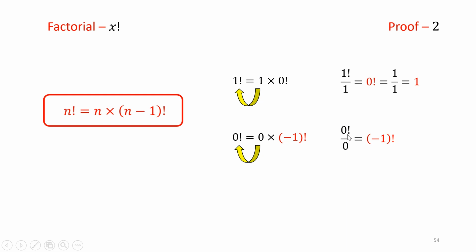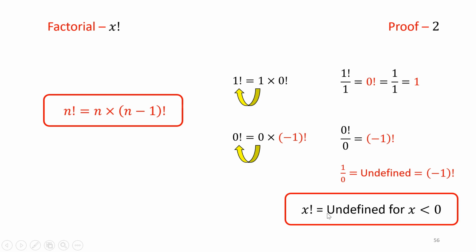Okay, now we know 0 factorial is 1, but 0 remains 0. And what we have here is that anything divided by 0 is undefined. So the factorial of a negative number is undefined. In fact, x factorial is undefined for x anything less than 0.